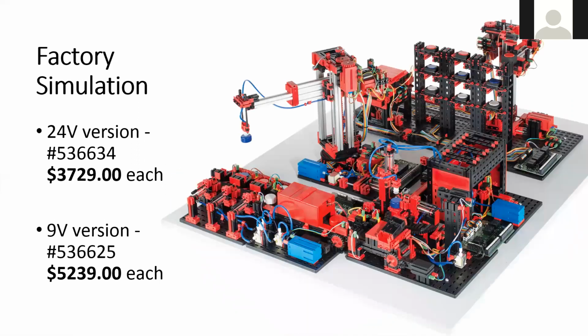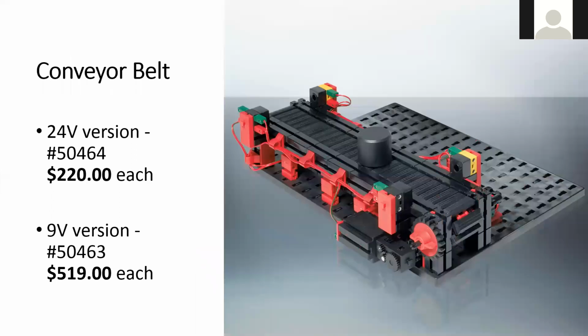The factory simulation in the 24-volt version, this is the non-IoT version, of course, is $3,729. Of course, PLC and programming is required. The 9-volt version, pre-wired to the robotics TXT controllers, $5,239 per unit. The conveyor belt in the 24-volt version is $220 each. In the 9-volt version, pre-wired to the TXT controller, is $519 per unit.